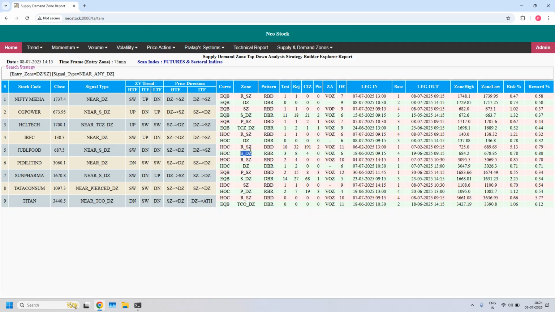It is also having 75 minutes, but it is pierced, so you can't use it. So we have only one high liquidity demand zone here. Sun Pharma is not valid because it is a pierced zone. So that means we got only one stock, a 75 minutes high liquidity demand zone from this list.